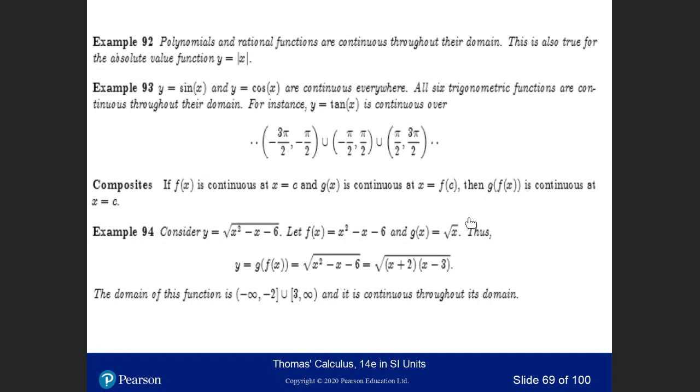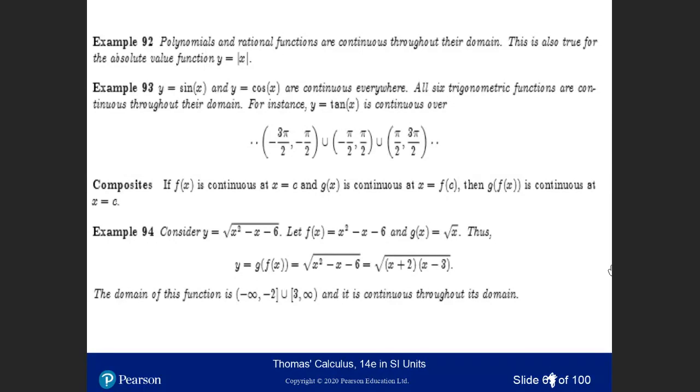For instance, y is equal to tangent x is not defined at minus pi over 2, plus pi over 2, pi over 3, pi over 2, etc., but these are not in the domain anyhow. It is not finite points, so they are continuous throughout their domains.